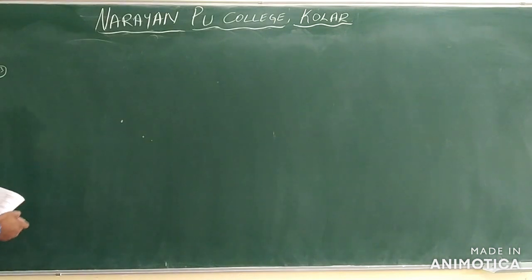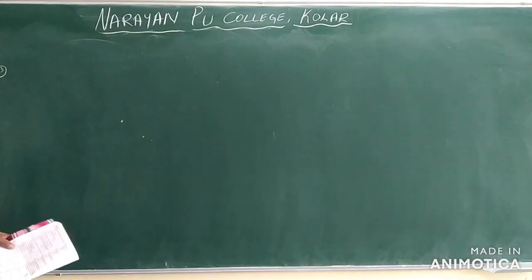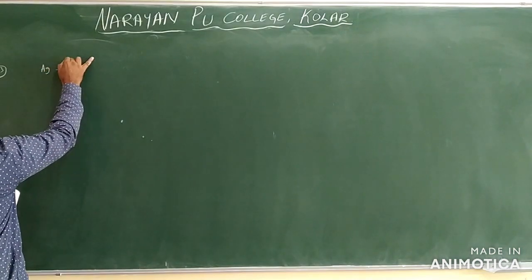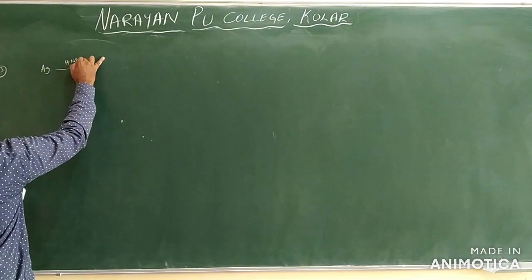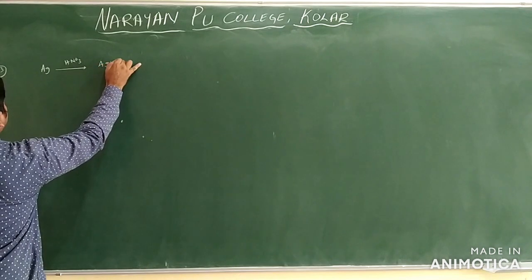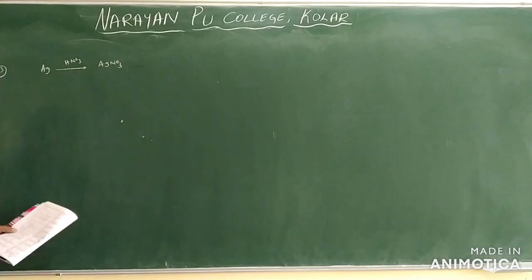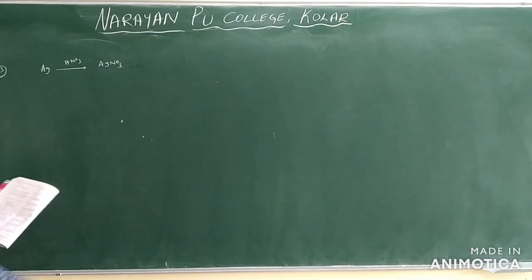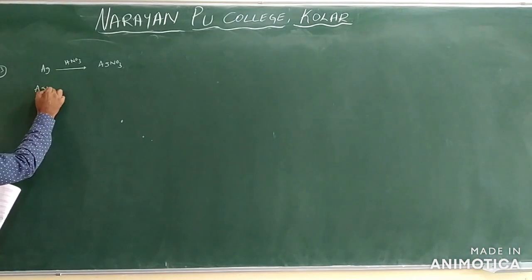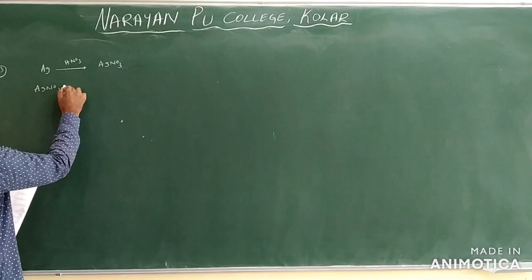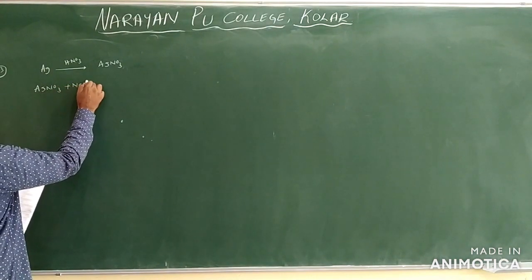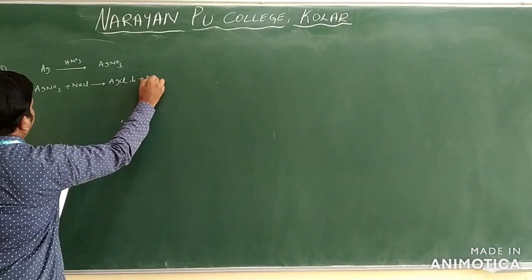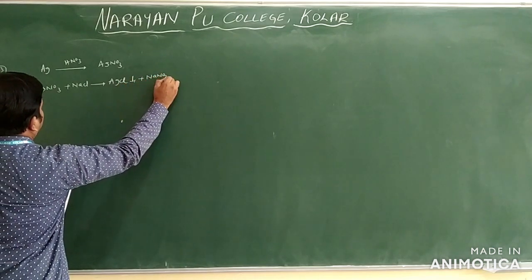So this is the equation we have. Silver combined with nitric acid will form silver nitrate. This silver nitrate can be precipitated with NaCl in the form of AgCl, and you will get NaNO3.